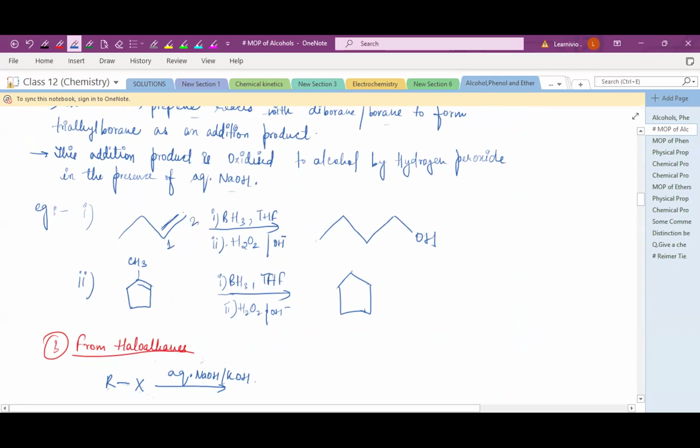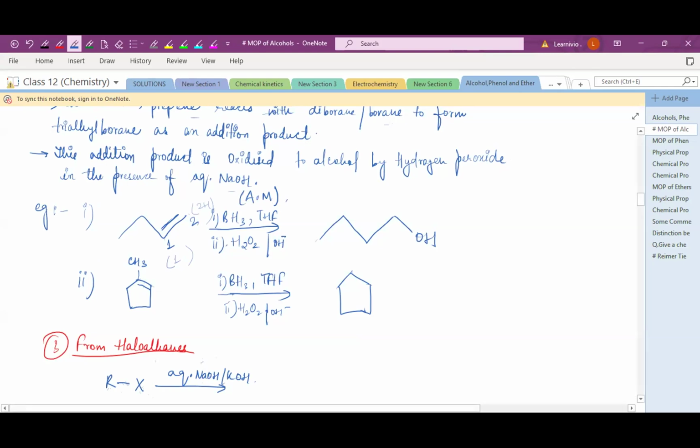The second carbon has two hydrogens, right? And the first carbon has only one hydrogen. So you attach the OH group to the second carbon, which has more hydrogens. So you are using the anti-Markovnikov rule, meaning the OH group, the nucleophile, should attach to that carbon which has more number of hydrogens.